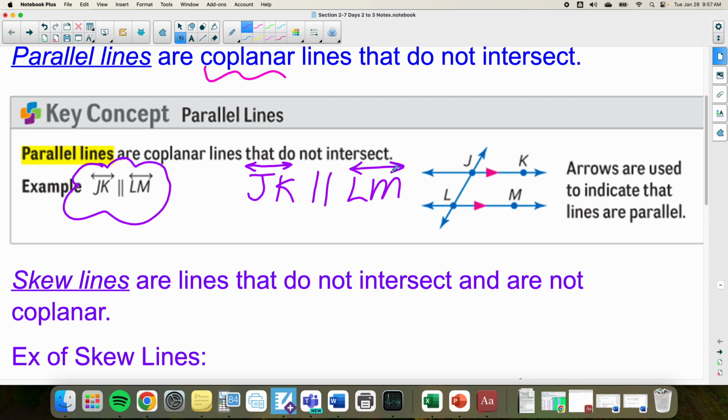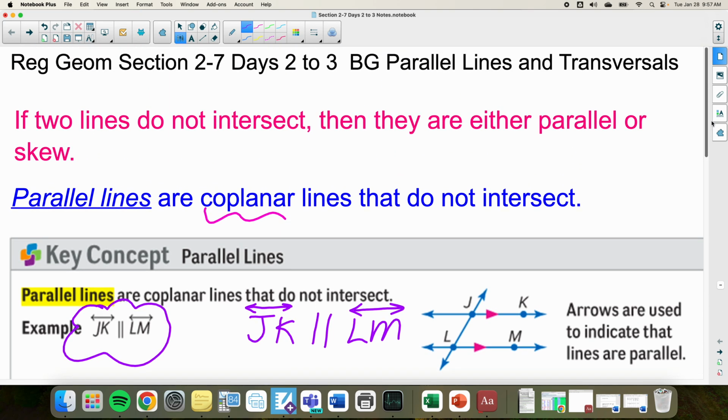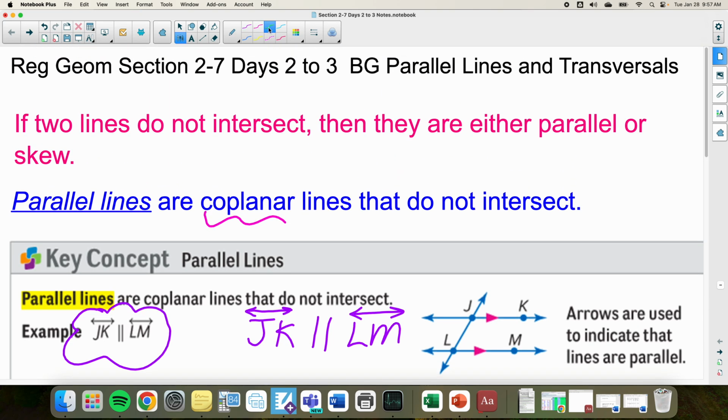Now there are times in geometry where you'll have more than one set of parallel lines. So we'll talk in our next chapter about parallelograms, and when you do parallelograms, opposite sides are parallel, so these two would be parallel as well as these two would be parallel, okay?